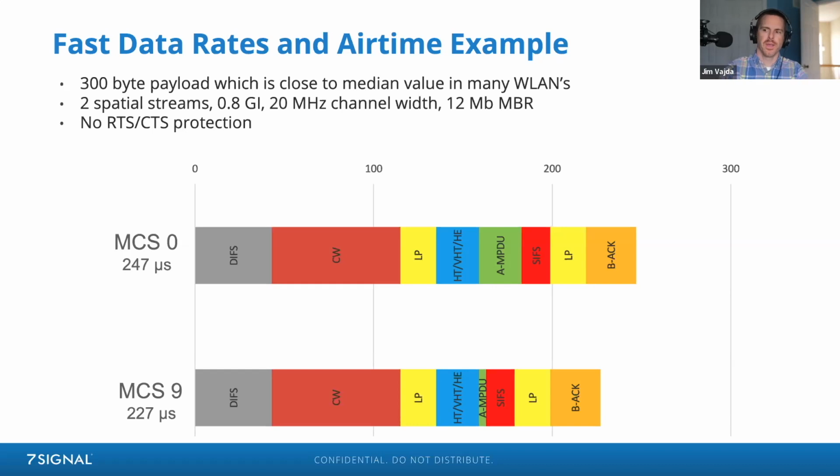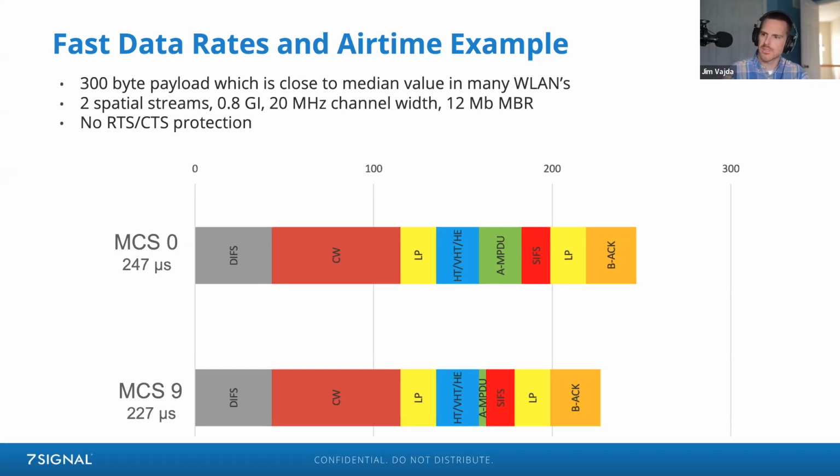So the point I want to make is the actual number of packets that we can put through the air hasn't really changed significantly throughout the 20 plus year history of Wi-Fi.